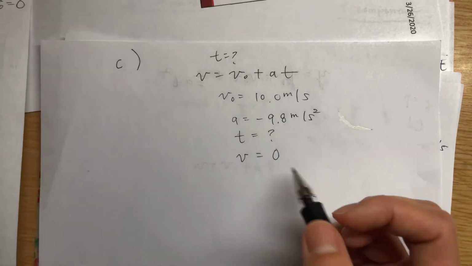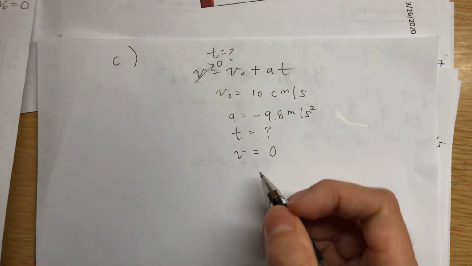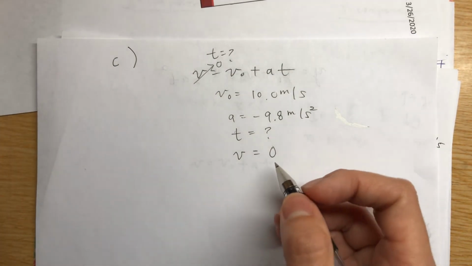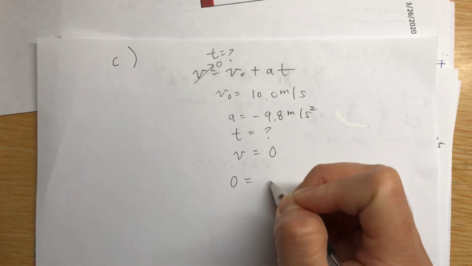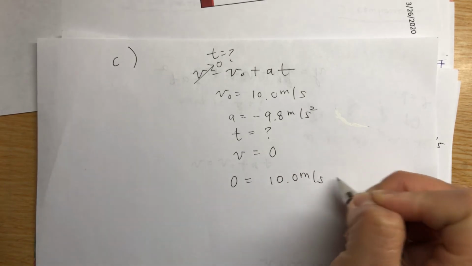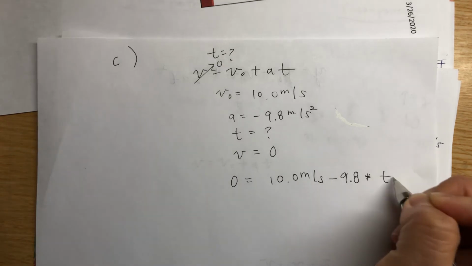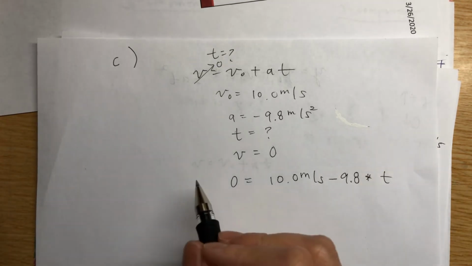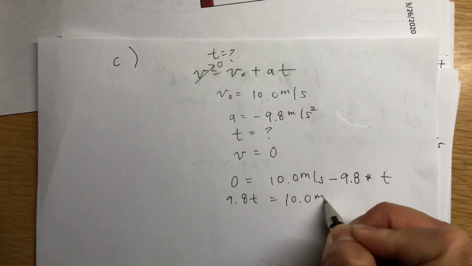Okay, so just plug in the numbers. V is 0 at the top. So 0 equals 10 meters per second minus 9.8 times t. I'm going to add the 9.8 t over. 9.8 t equals 10.0 meters per second.